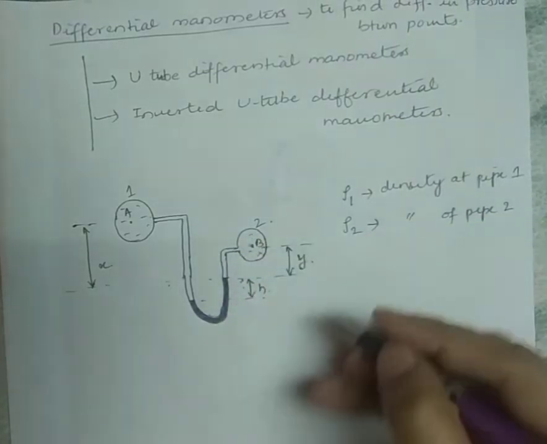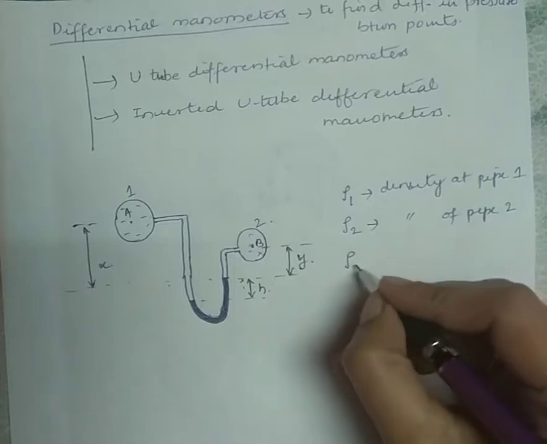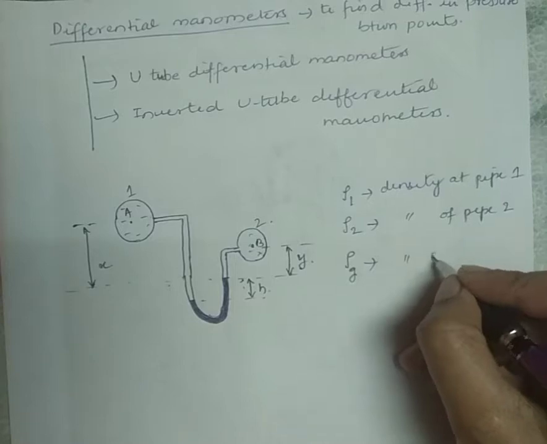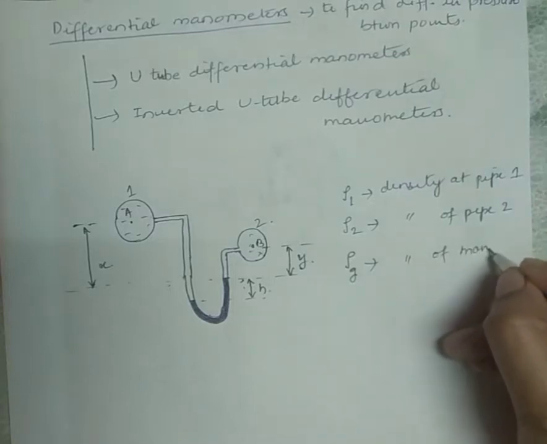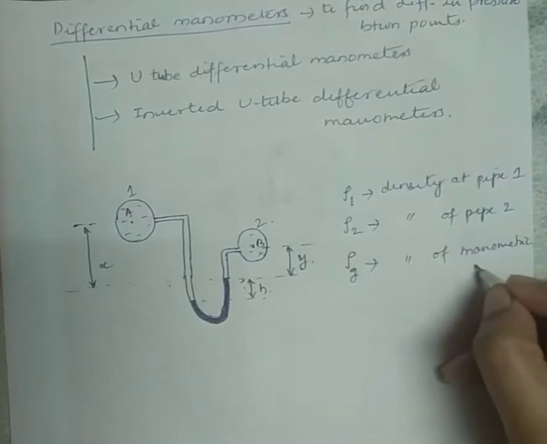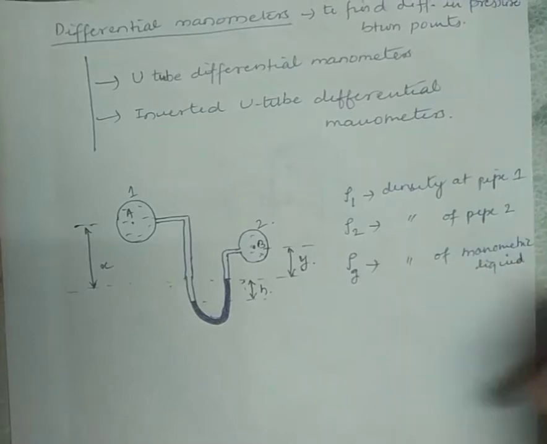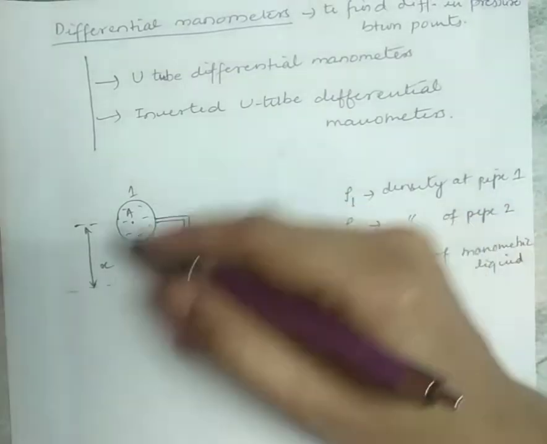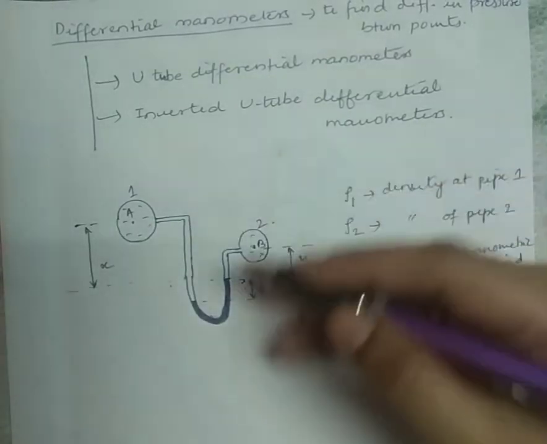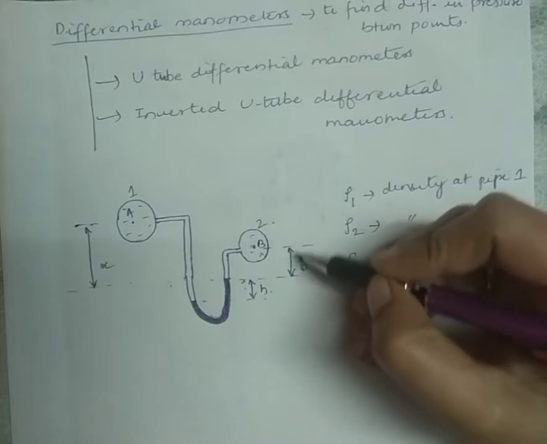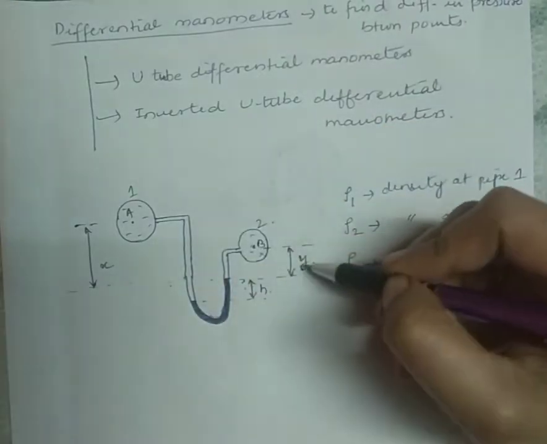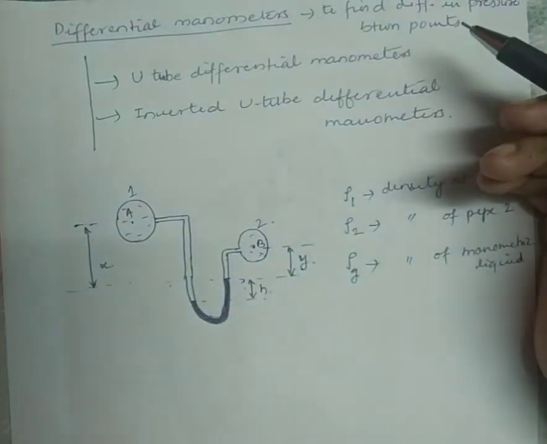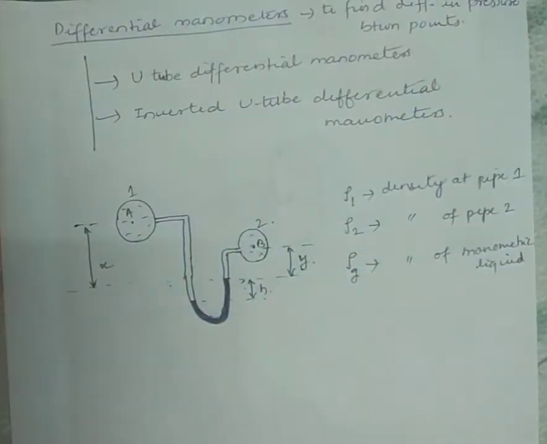Let rho g be the density of the manometric liquid. In this figure they have shown the height of the liquid column in the left and the right limb, so it is already shown in the figure.